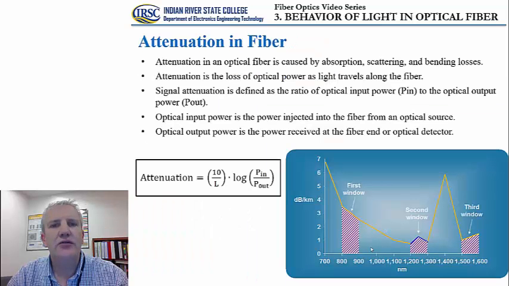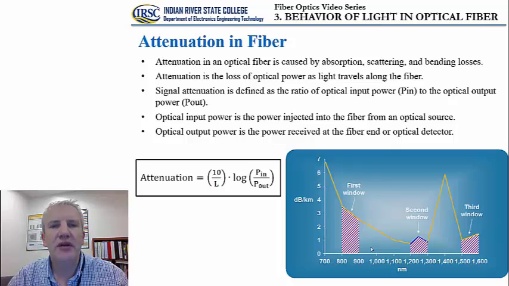How do we define attenuation in a fiber? Attenuation is a loss of optical power as the light travels along the fiber. Mathematically, attenuation is going to be defined as the ratio of the optical input power to the optical output power. So if you have an optical fiber, we would be measuring the power of the signal at its input and the power of the signal at its output.